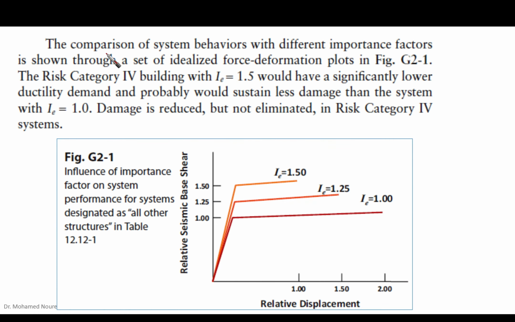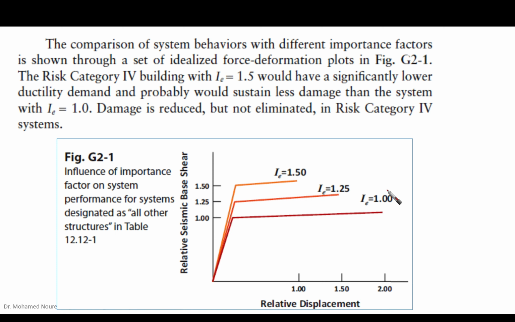Okay. The comparison of the system behaviors with different importance factors is shown through a set of idealized force deformation plots. In this figure, we have different force deformation plots. The horizontal axis is the relative displacement. The vertical one is the relative seismic base shear.